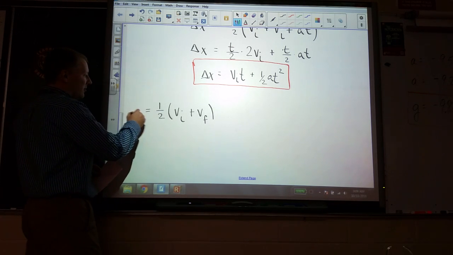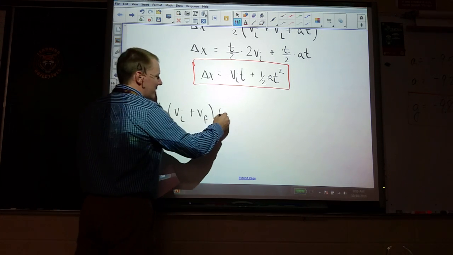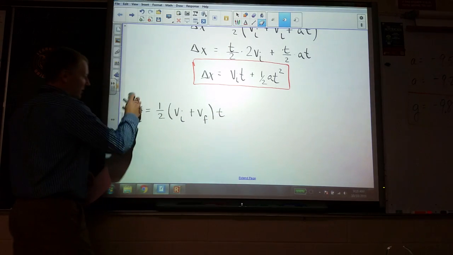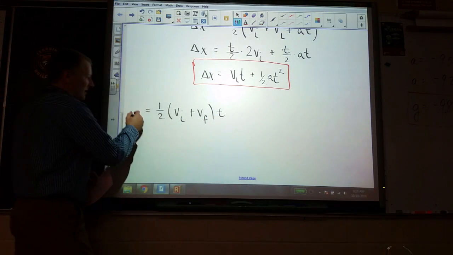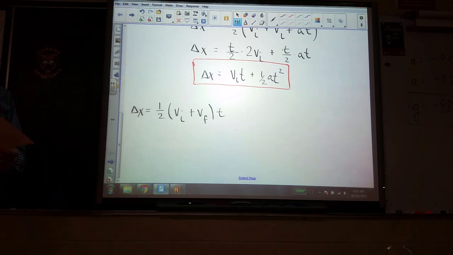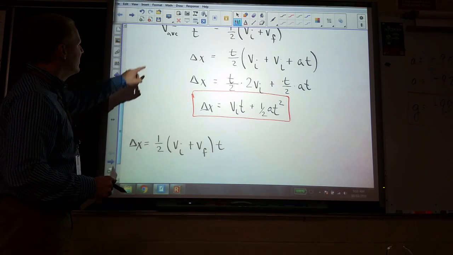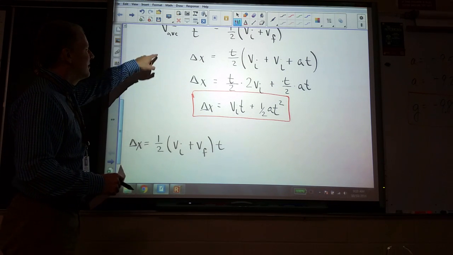And that was equal to the change in x over t, but for the purposes of this, I'm going to multiply it through by t right away. And so on my left side, I'm just going to start with the delta x. But this is basically our two definitions of average velocity, and we used it more or less up here.